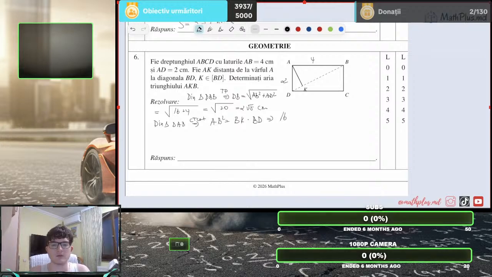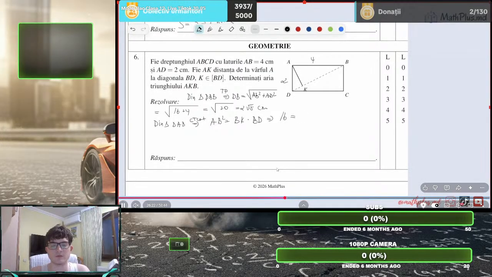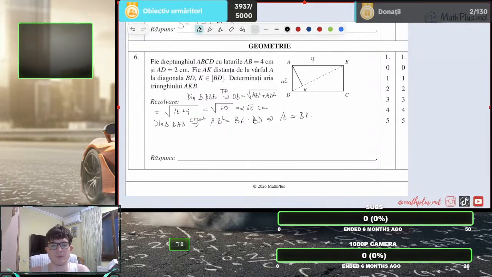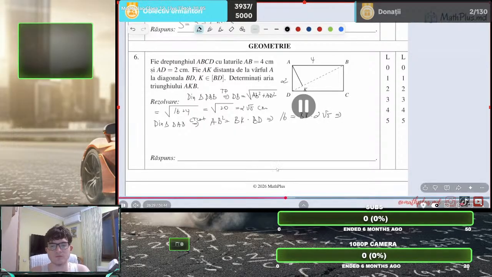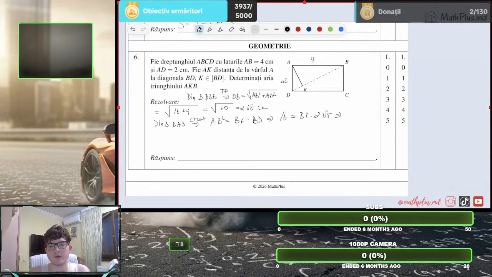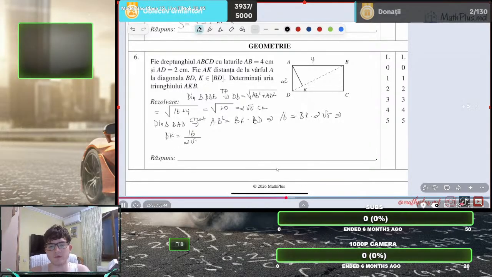Okay, so 16 equals BK times 2 square root of 5. Amazing. And now BK is going to be equal to what? 32 square root of 5?